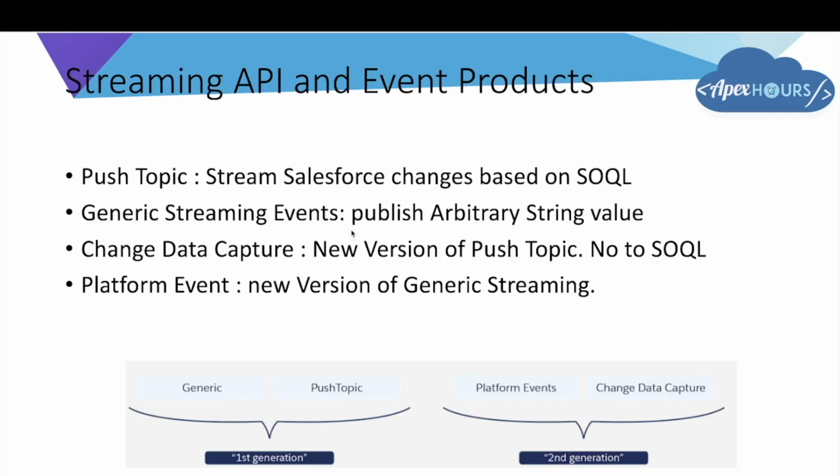So it's a new version of generic streaming API. If you see my diagram here, the first generation, earlier we only had generic and PushTopic, but in the second generation we have platform events and change data capture. So if there's any use case where you are able to do it via PushTopic or change data capture, both, then I would say go with change data capture, as this is the latest and recommended by Salesforce.